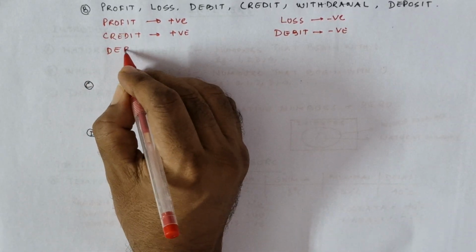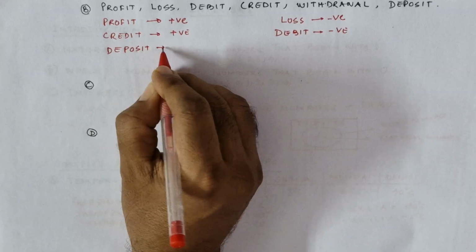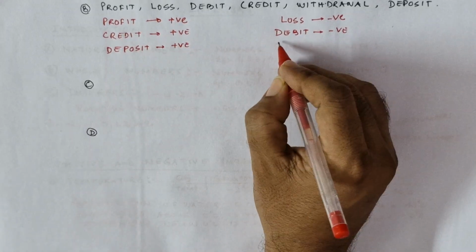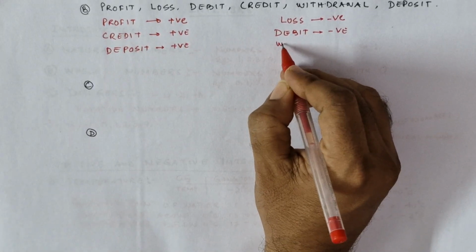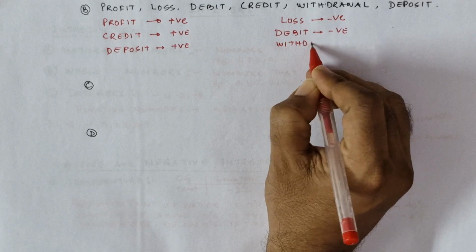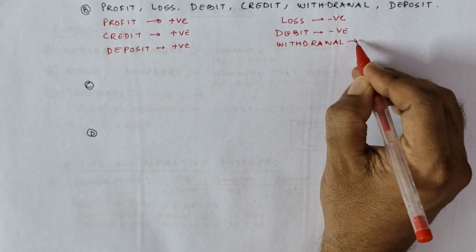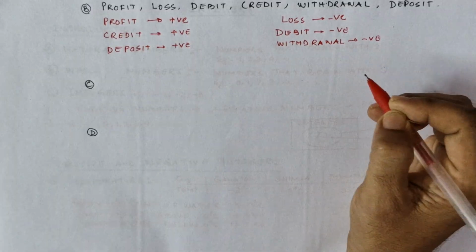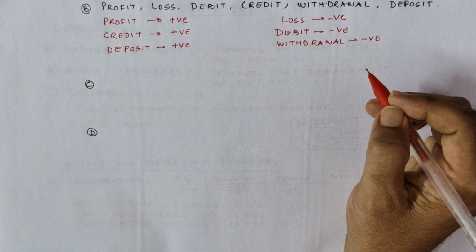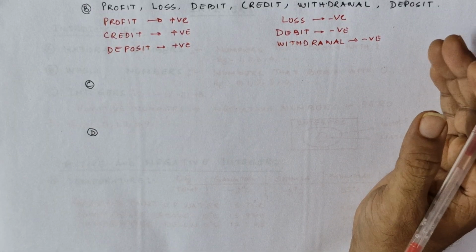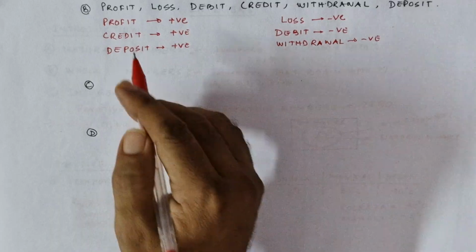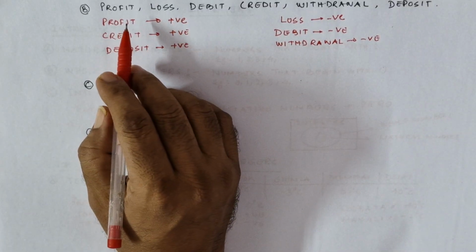Deposit is taken as positive and withdrawal is taken as negative, right?